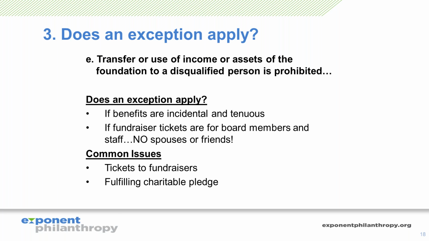You can understand the reasoning behind the question, because it's a benefit. Now, the IRS has said in that situation that the benefit, whatever is being generated, is intangible. It's name recognition, maybe generating goodwill, is incidental and tenuous, and will fit within this exception. So that's permitted, and that sometimes happens.